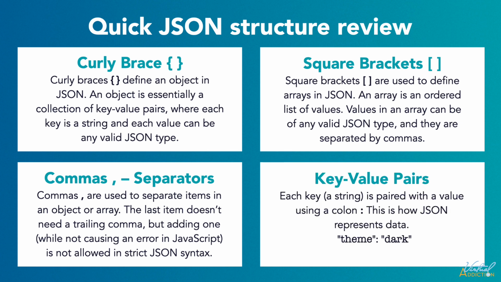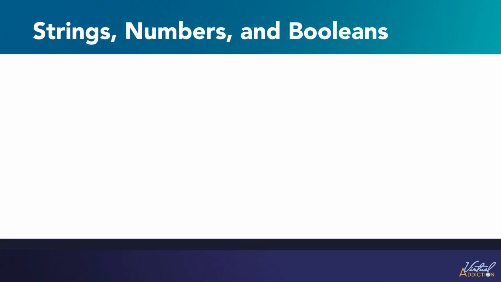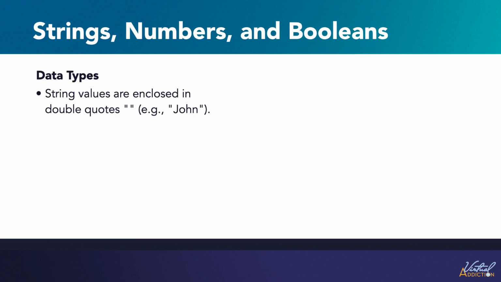Finally, we have key value pairs. Each key is always a string, and it's paired with a value using a colon. This is how JSON represents data. The main data types in JSON are strings, numbers, and Booleans. String values are enclosed in double quotes.